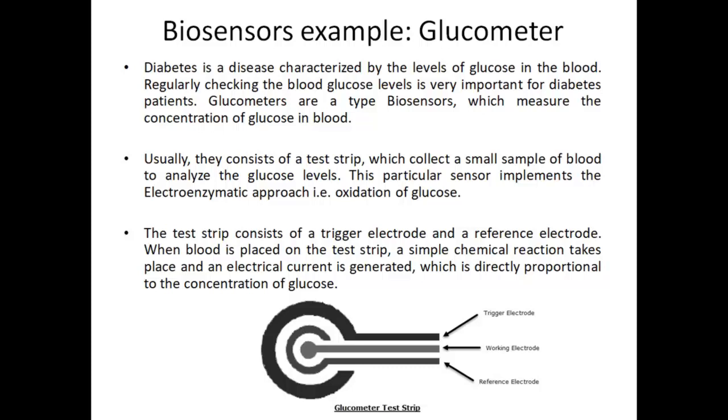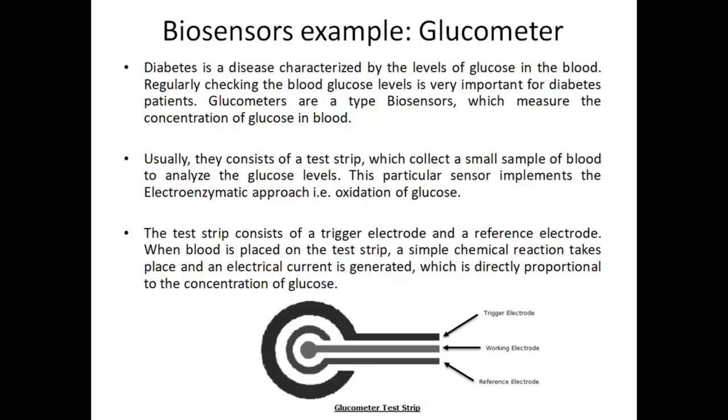This is actually a working electrode. When you place the blood sample on that, oxidation of glucose takes place over here. This is called electroenzymatic approach. That means with the help of an electrolysis kind of a thing, you are actually trying to judge what is the amount of glucose present in the blood, right?